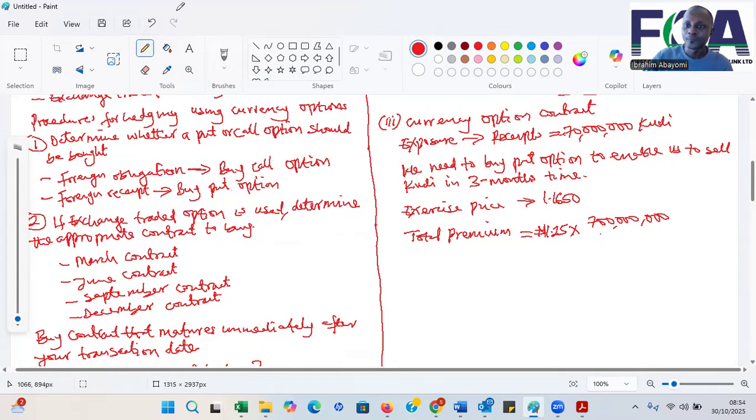Divide by 100, because it's a multiple of 100. So we have 700 million divided by 100, multiplied by 1.25.